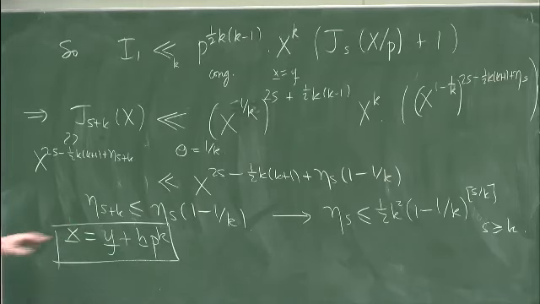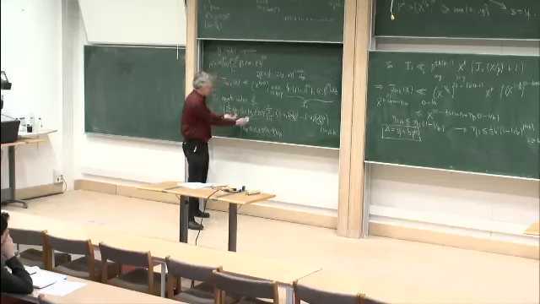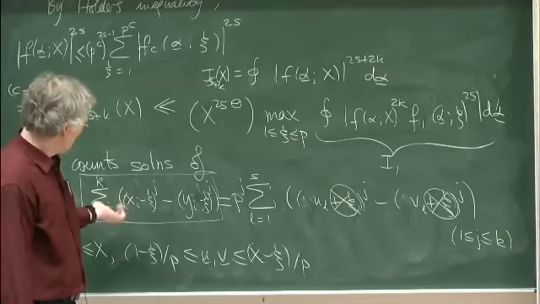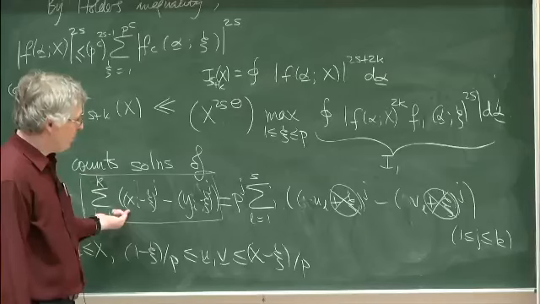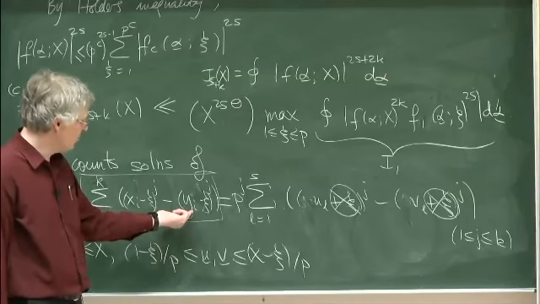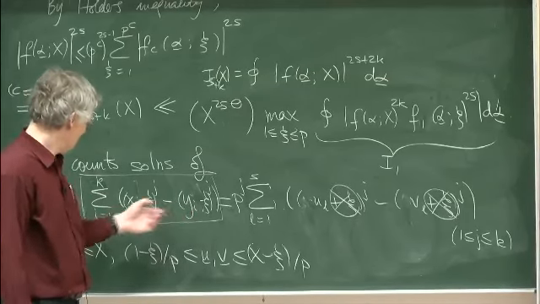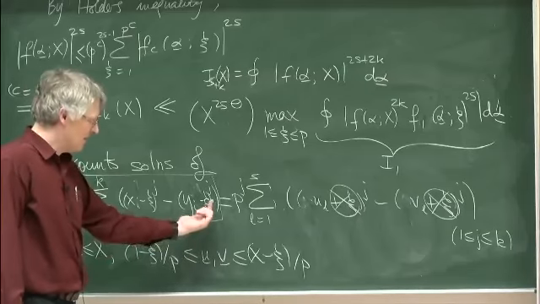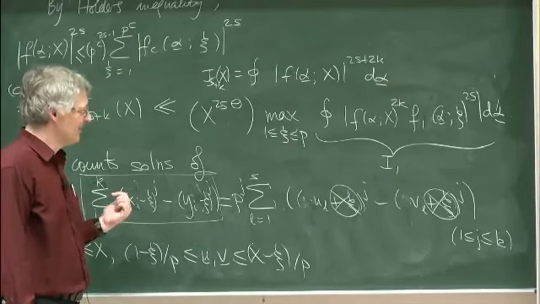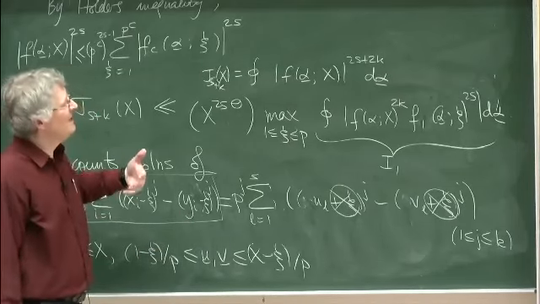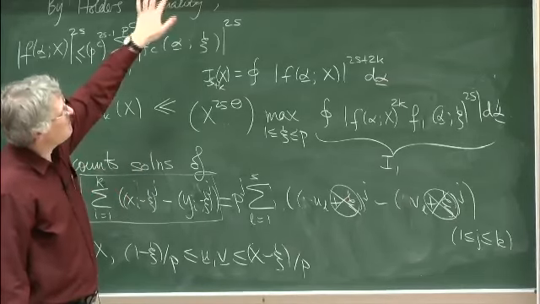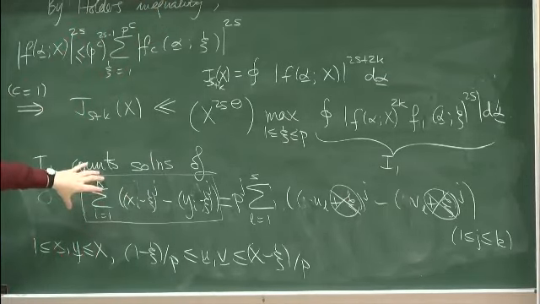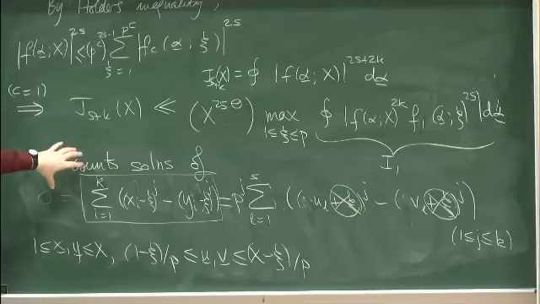And then if I look at what happens when I substitute into this expression, I get differences of the powers of y plus hp to the k and y, and the corresponding power of y. It's a bit like a Weyl difference operation. And you can recycle this via Holder's inequality and recover a system of equations which looks somewhat similar to the original system, but with these efficiently Weyl differenced objects.